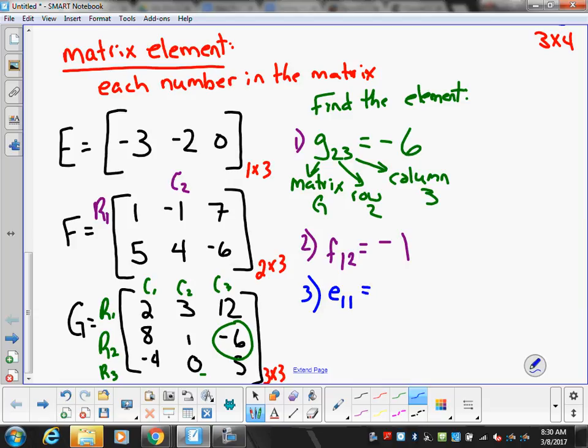Okay, what element is in E11? Matrix E, row 1, column 1. So negative 3.